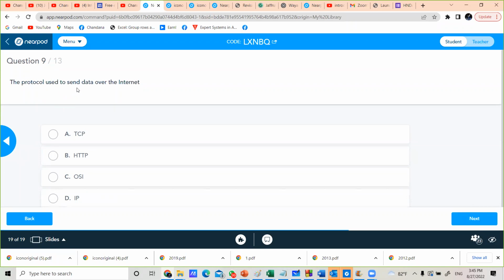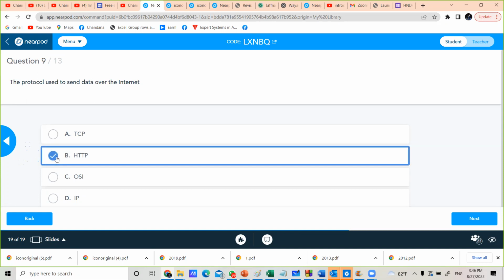The protocol used to send data over the internet. What's the answer? Earlier we identified examples of protocols: TCP/IP and HTTP. HTTP is used for sending data over the internet. Therefore, this should be the answer.